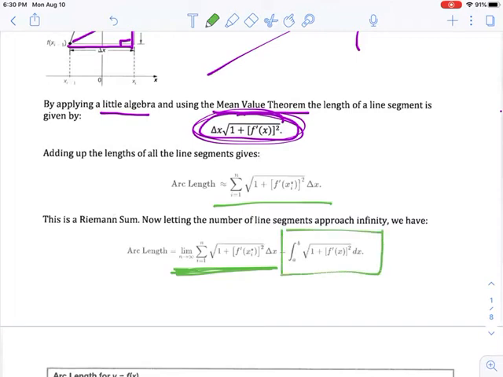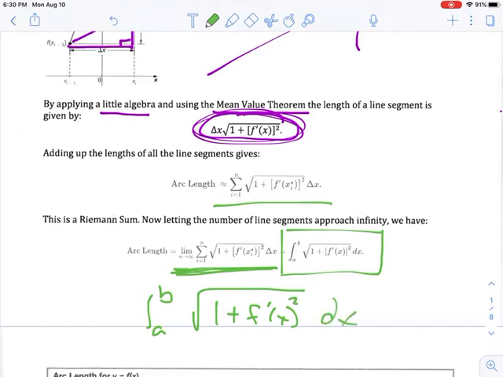Actually, it's not a nice little integral at all. It's a terrible little integral. It's got a radical in it. So the integral from a to b of the square root of 1 plus f prime of x squared dx.